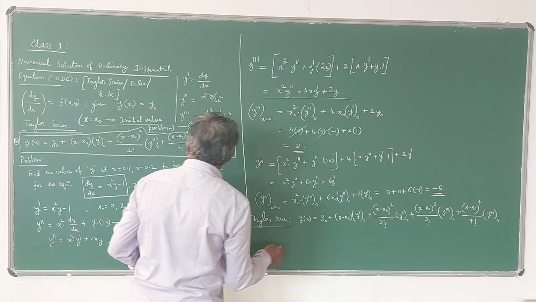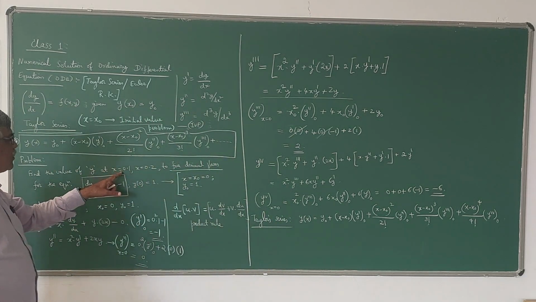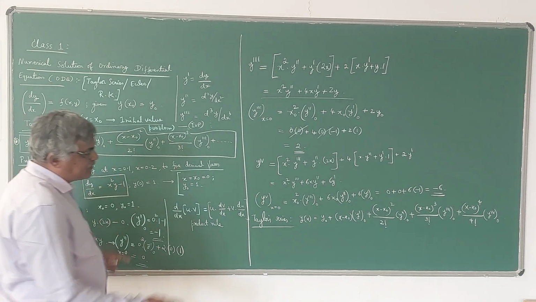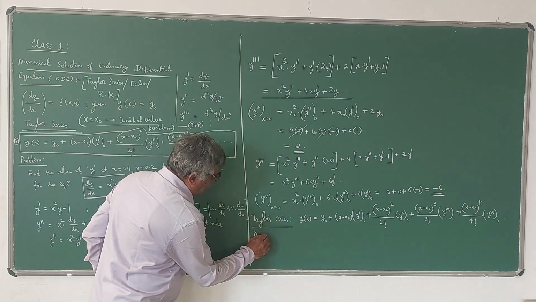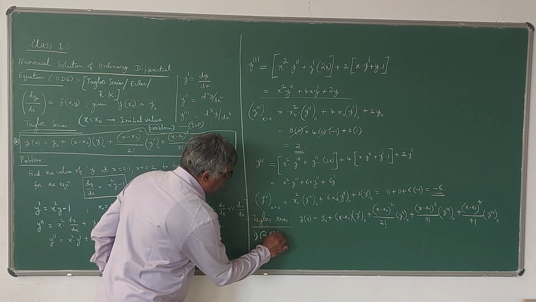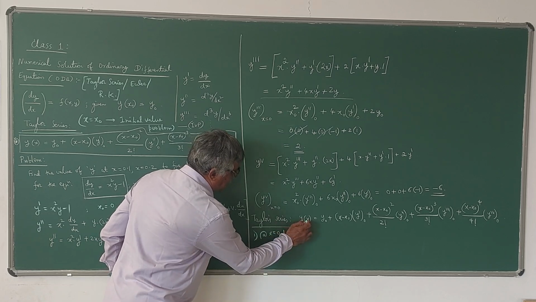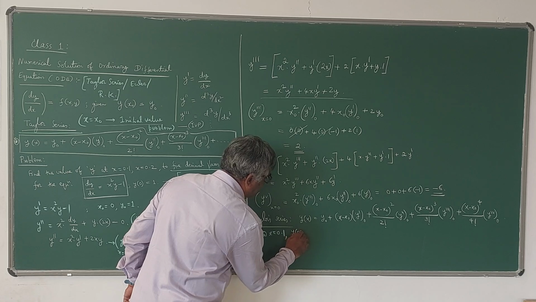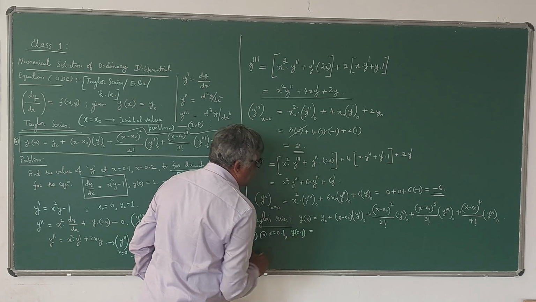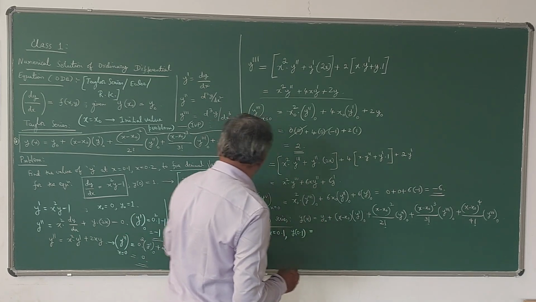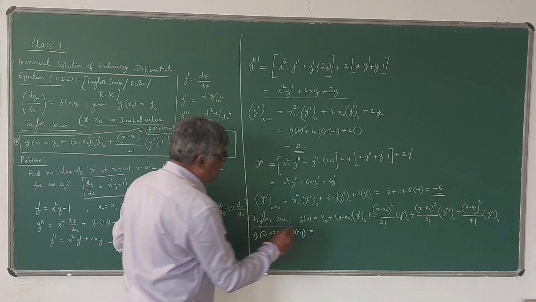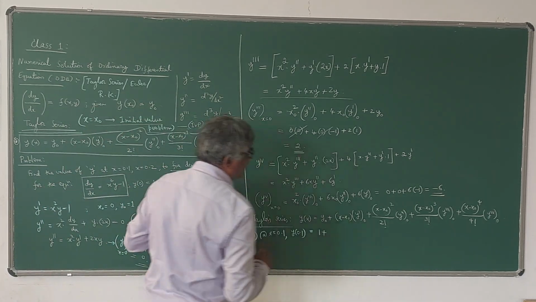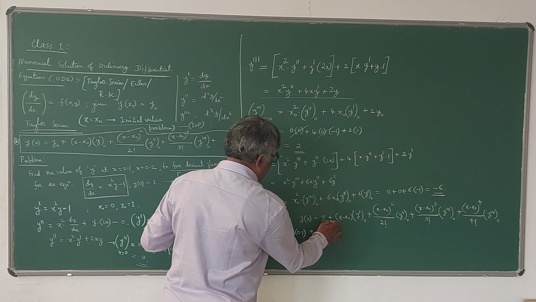Now let us substitute the values. I need the value of y at x is equal to 0.1. So that means I have to put x is equal to 0.1 here. So y of 0.1. Now what is y naught? Y naught is the initial value of y, that is 1, plus x is now 0.1.